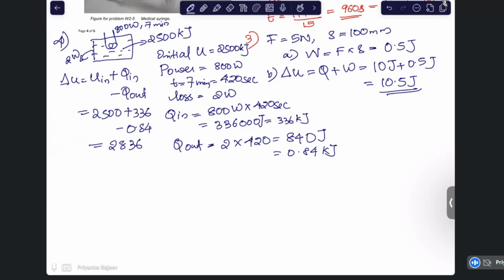So minus 0.84 will be 2835.16 kilojoule. That will be the answer.